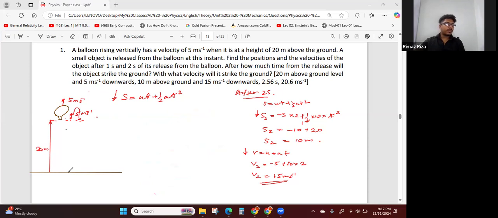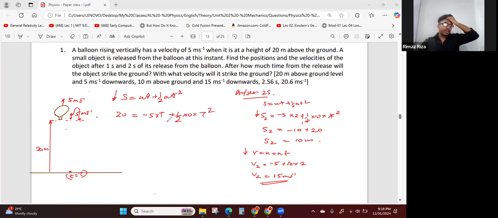If it's striking the ground, the net vertical displacement is 20 downward. Initial velocity is 5 into time. We don't know the time, so let's take the time as capital T, plus half into a, which is 10, into T squared.